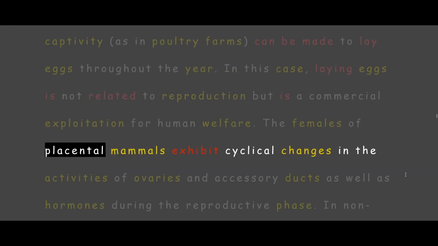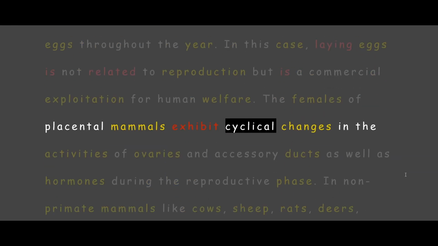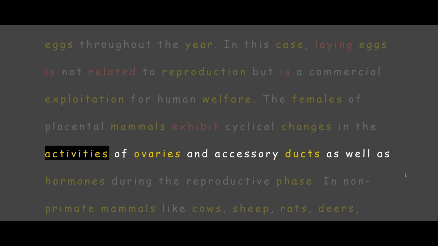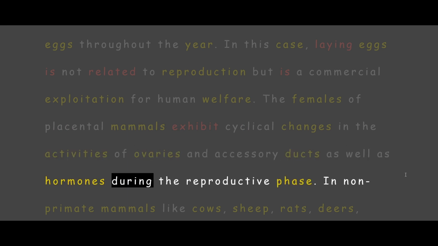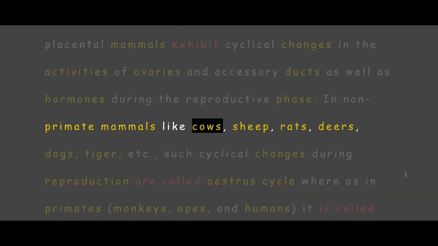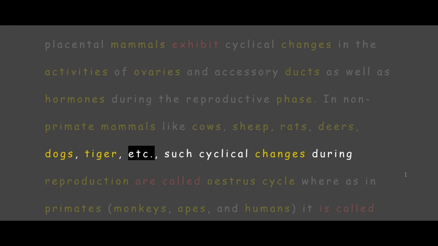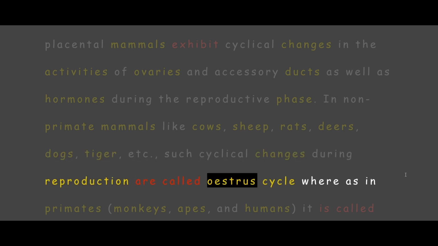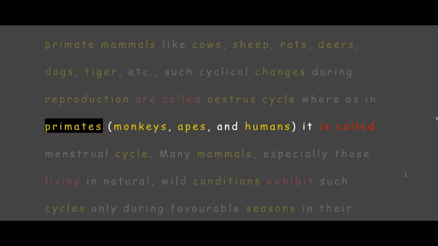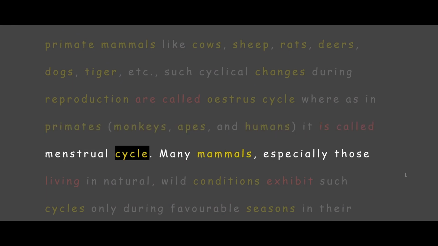The females of placental mammals exhibit cyclical changes in the activities of ovaries and accessory ducts as well as hormones during the reproductive phase. In non-primate mammals like cows, sheep, rats, deers, dogs, tiger, etc., such cyclical changes during reproduction are called estrous cycle, whereas in primates, monkeys, apes, and humans, it is called menstrual cycle.